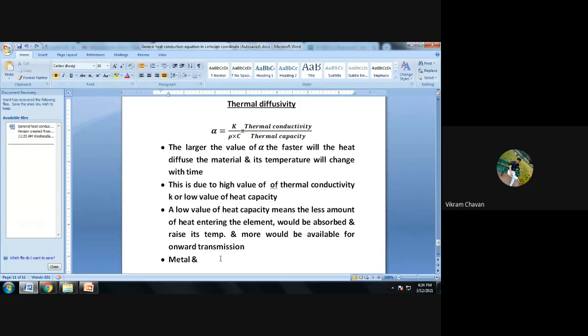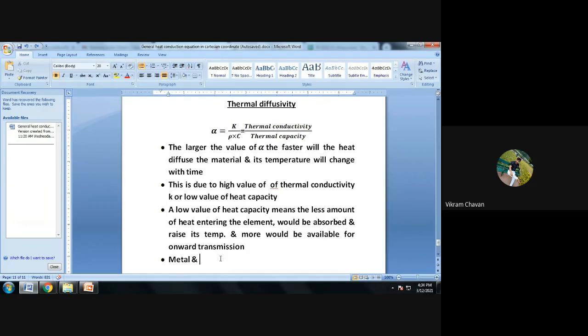What it means, metals and gases have higher thermal diffusivity value and will respond more quickly to the temperature change, whereas the non-metals or the liquids respond very slowly to the temperature change, because of their relatively small value of thermal diffusivity.